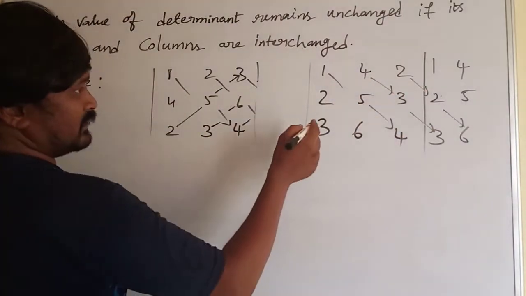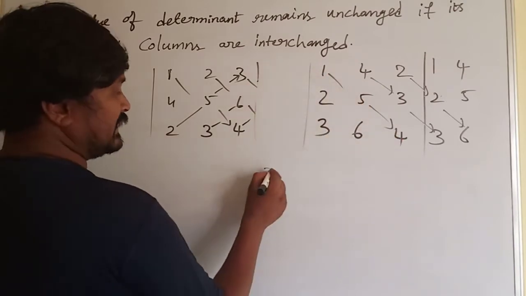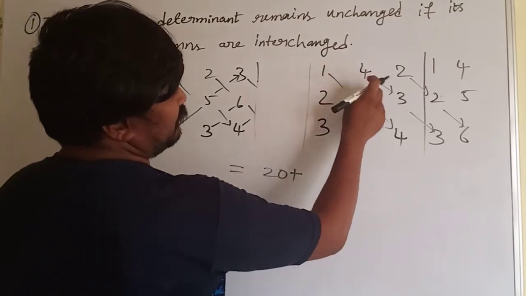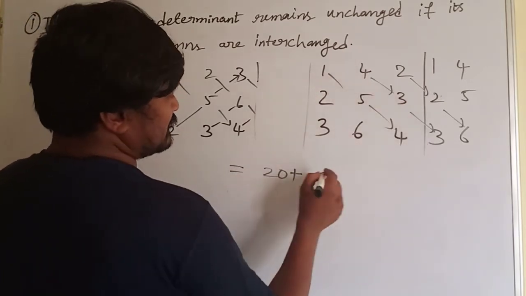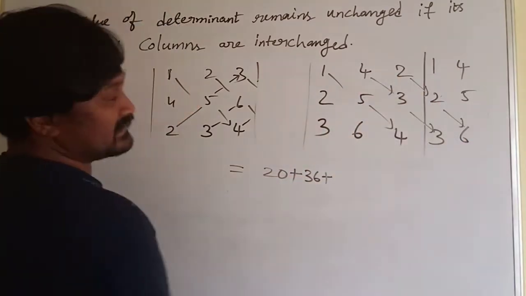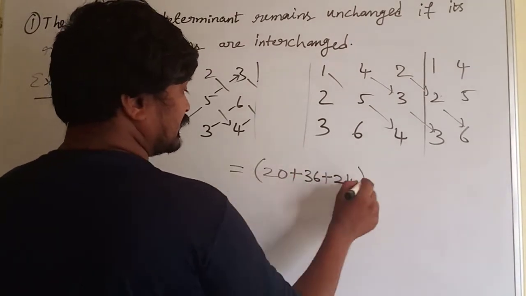So now multiply 1 into 5, 5 4s are 20. I'm writing directly now. So that is plus 4 3s are 12, 12 3s are 36, plus 2 2s are 4, 4 6s are 24. First one done.